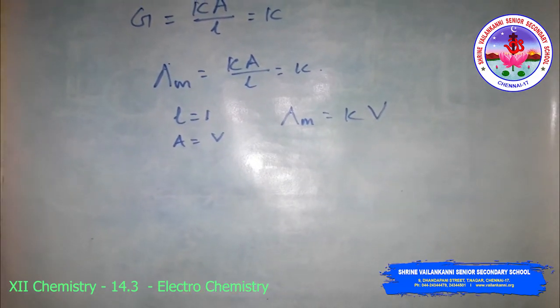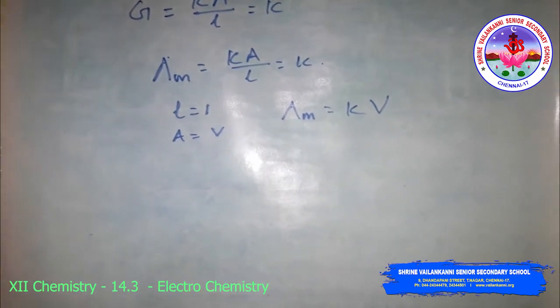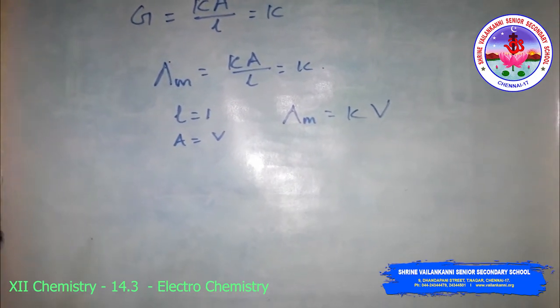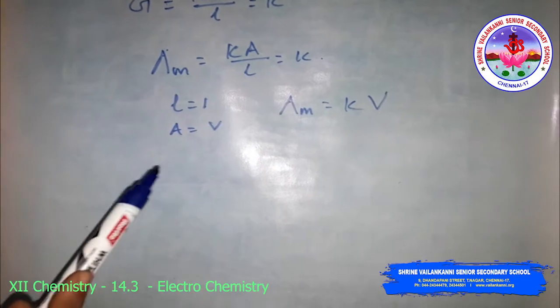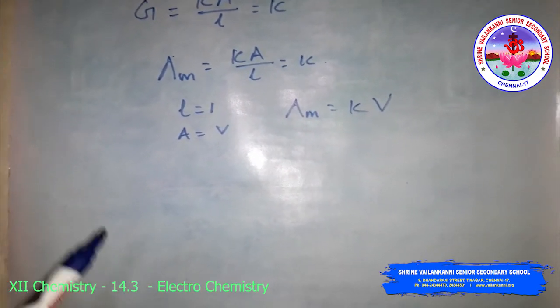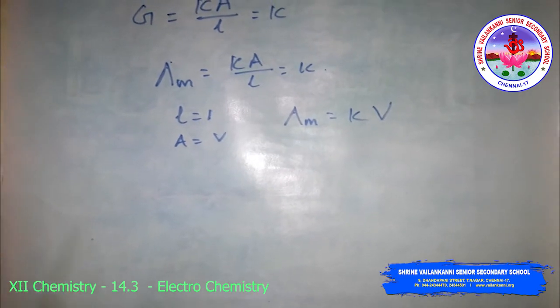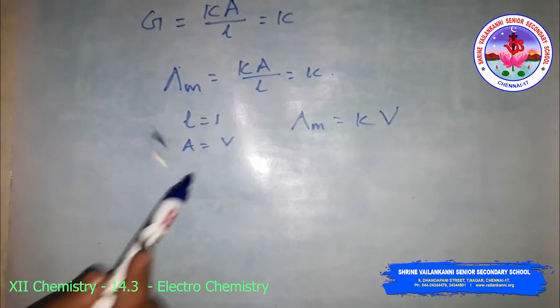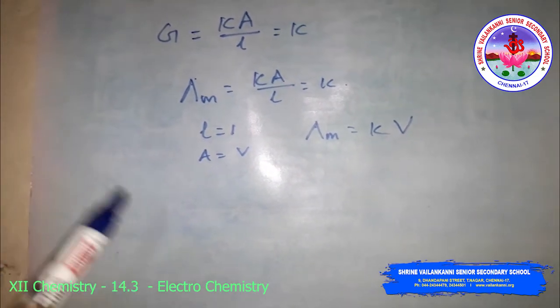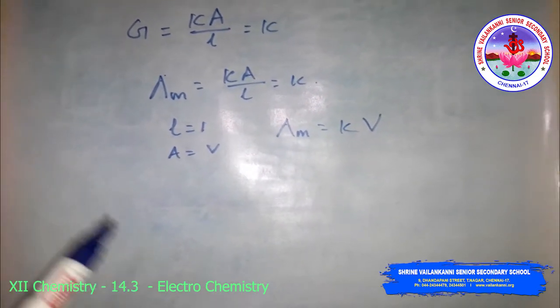So the molar conductivity increases with decrease in concentration. The reason is that the total volume V of the solution containing 1 mole of electrolyte also increases. It has been found that the decrease in the kappa value on dilution of the solution is more than compensated by the increase in the volume.